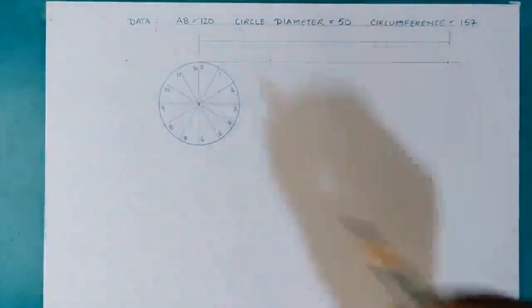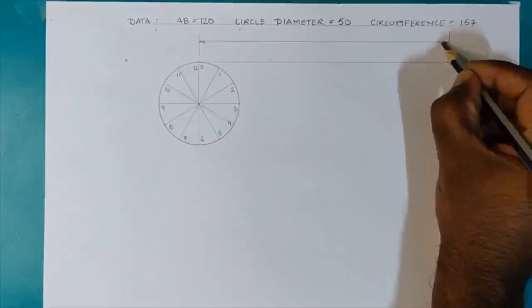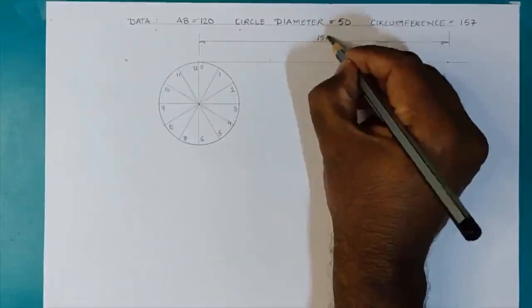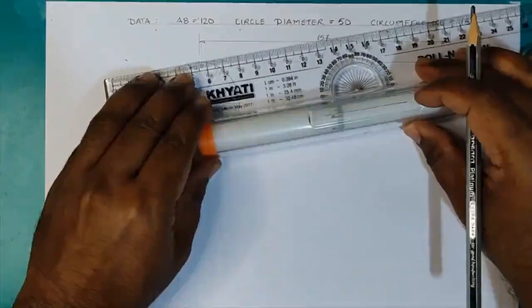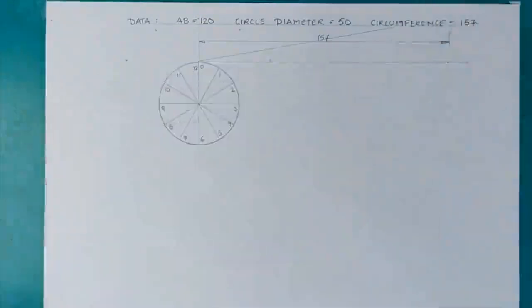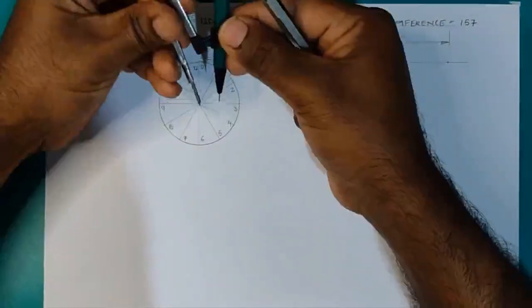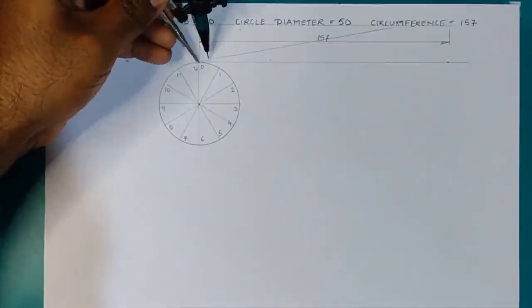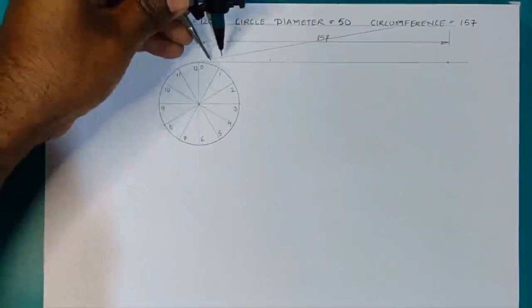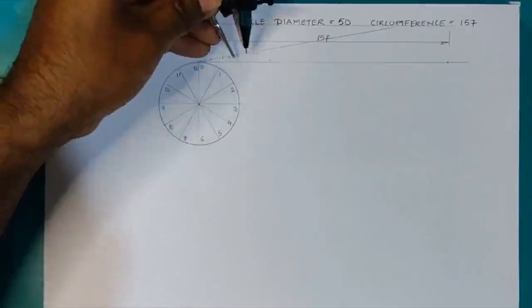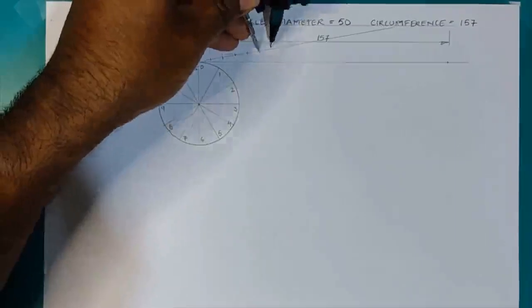Next, I should divide this circumference of 157 mm into 12 equal parts. For that, I construct a line at an acute angle, take approximate distance on the compass and draw equal divisions, that is 12 equal divisions on the inclined line.